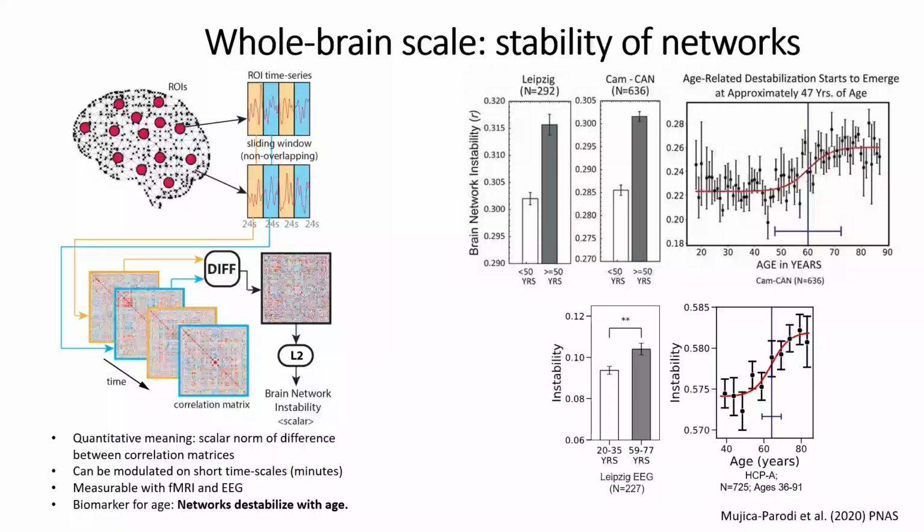One more thought here: the fact that we saw this effect with EEG would suggest that it has, at least to a partial extent, a neural component as well. So it's not just a vascular effect or something along those lines.